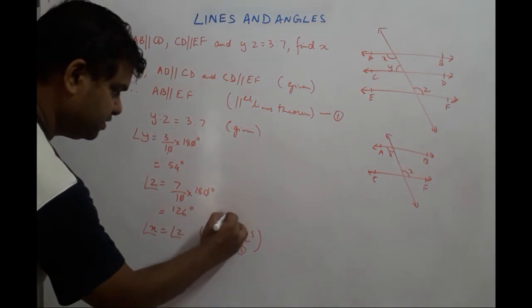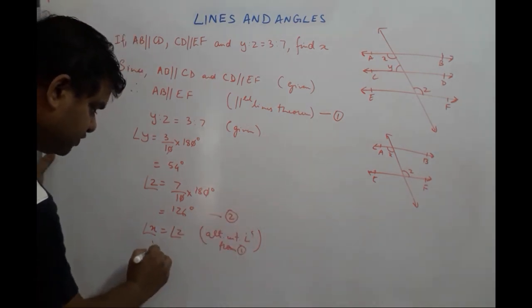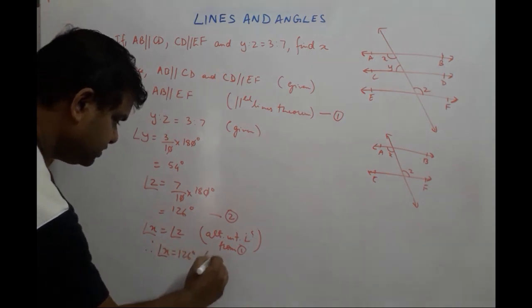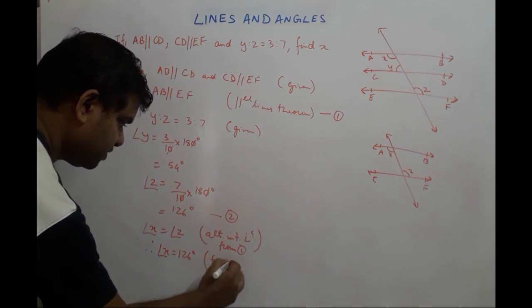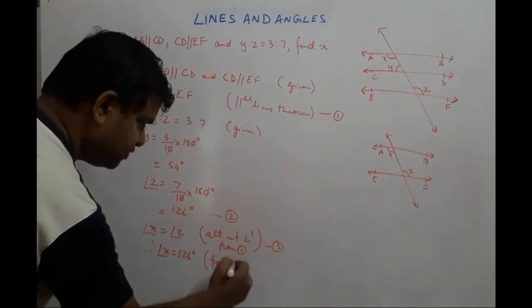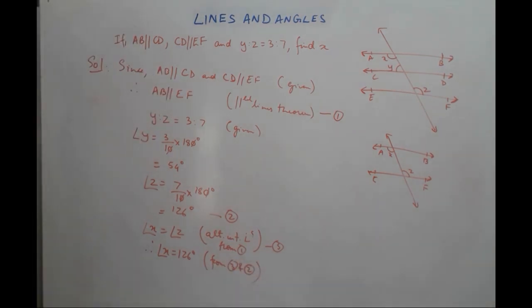We get this 2 over here. Therefore angle x is equal to 126 degrees, from 3 and 2. Got it? This is one way of getting x.